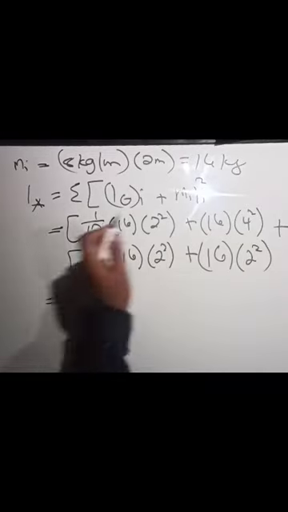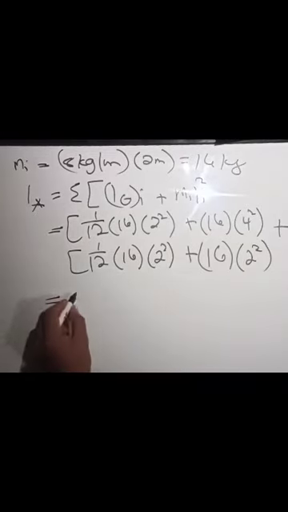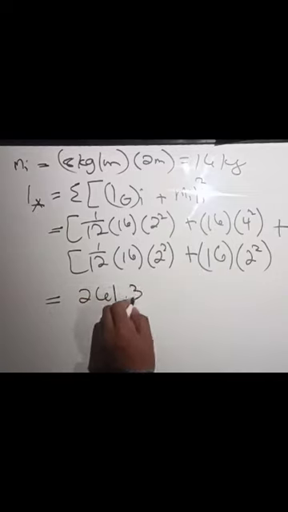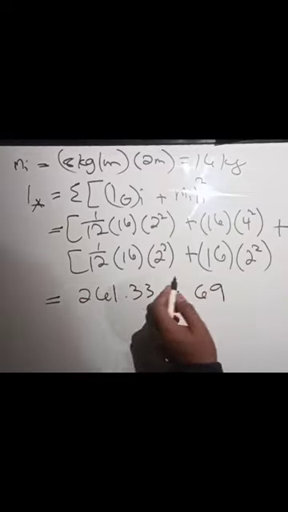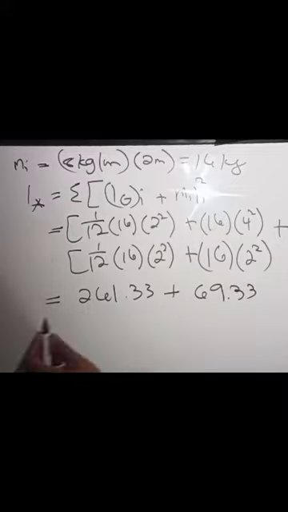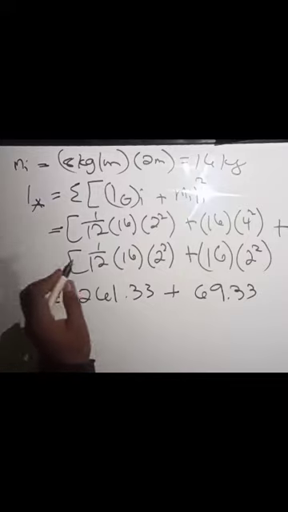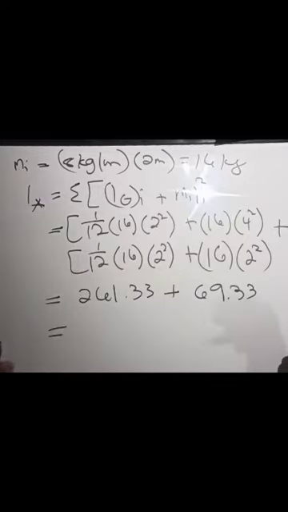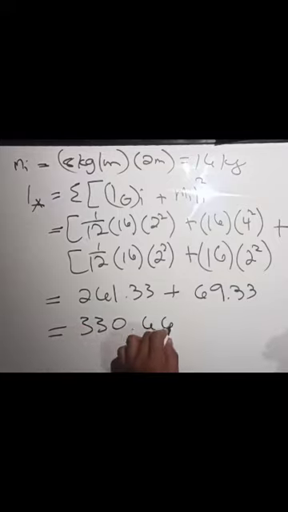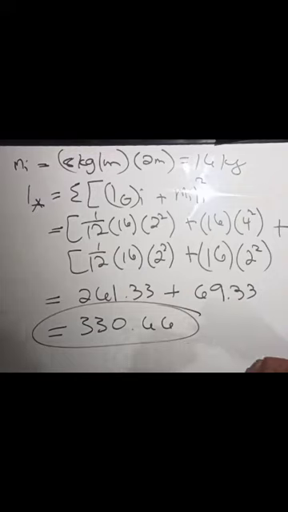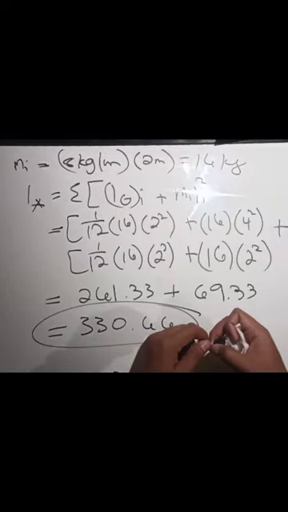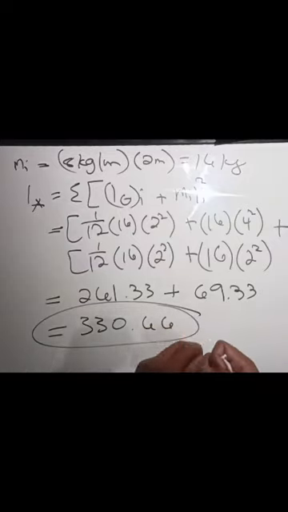So just multiply it to 61.33 plus 69.33. So just add. So now we can get the moment of inertia. So the answer is 330.66. So 330.66 is the moment of inertia of the assembly about an axis perpendicular to the page and passing through point A.